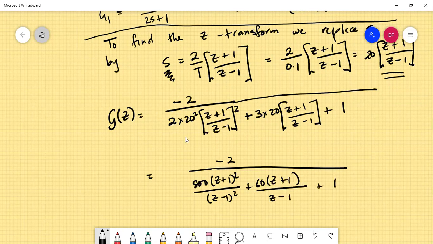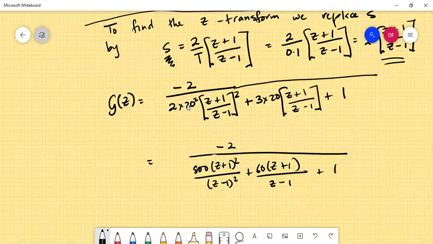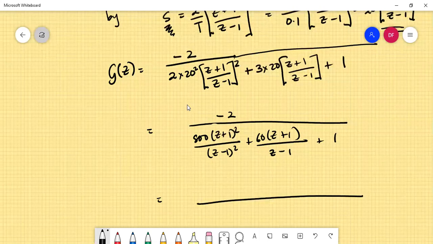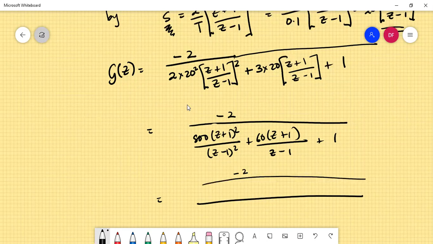So we're going to put everything over a common denominator. That's minus 2. And we're going to use (Z minus 1) squared as our common denominator.